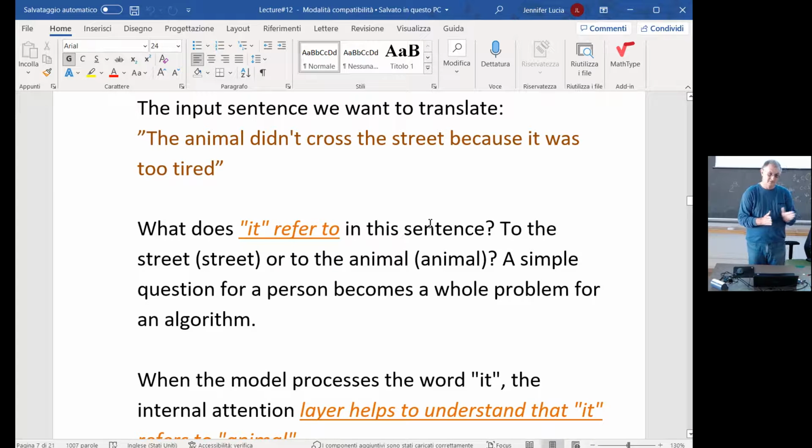So we should consider the correspondence of it with all other words, and evaluate the importance of the connection between it and, for example, animal, or street. In this situation, animal. In another situation it can be street. But self-attention should characterize it correctly.